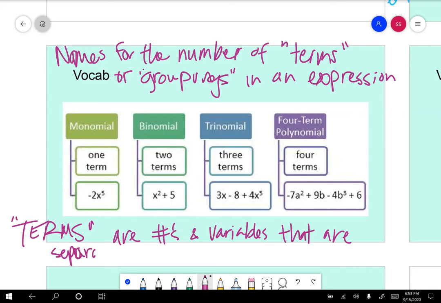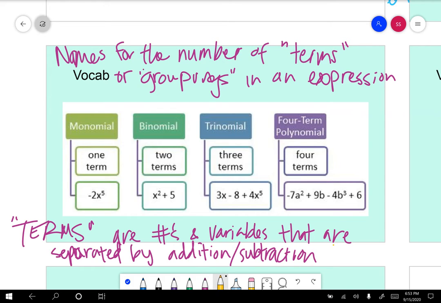It's hard to talk and write at the same time fast. That are separated by an addition or subtraction sign. So not multiplying or dividing.